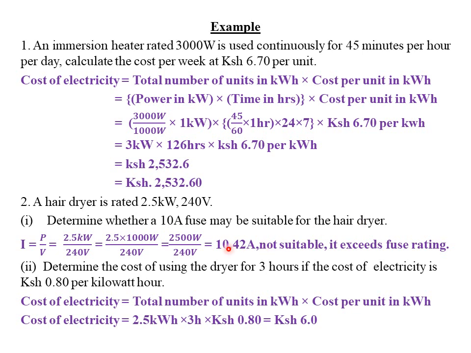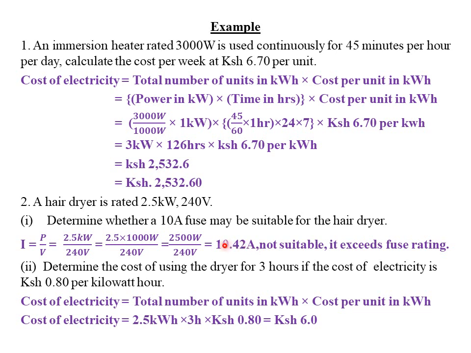Because the amount of current that the hair dryer is using, which is 10.42 amperes, is larger than the fuse rating, which is 10 amperes, it simply means that this particular 10 ampere fuse will not be suitable for this hair dryer. The reason being, it exceeds the fuse rating. We said that the fuse rating should always be slightly higher than the amount of current being used.